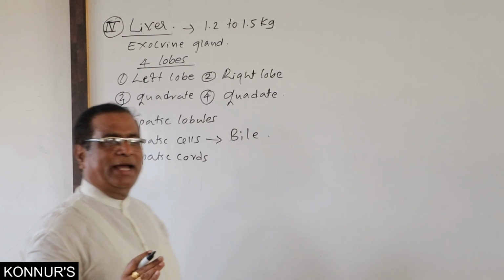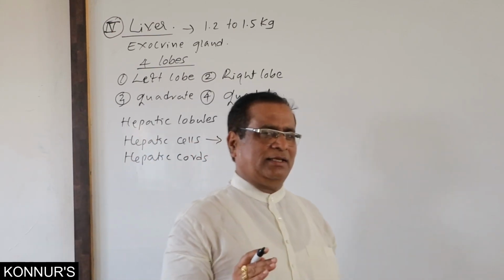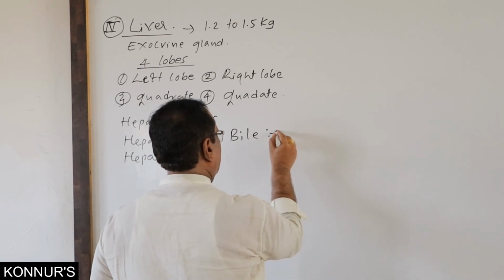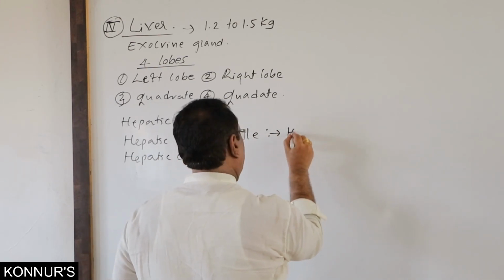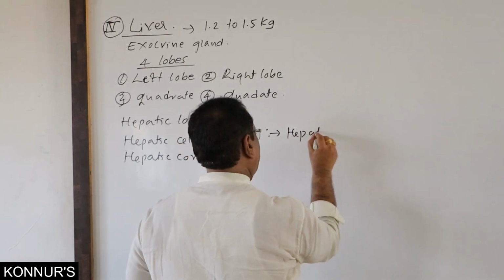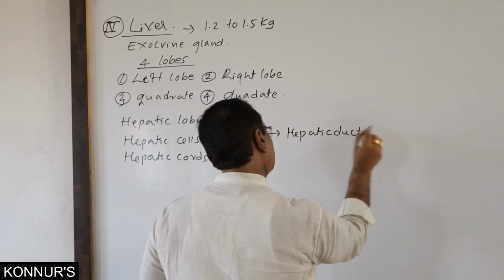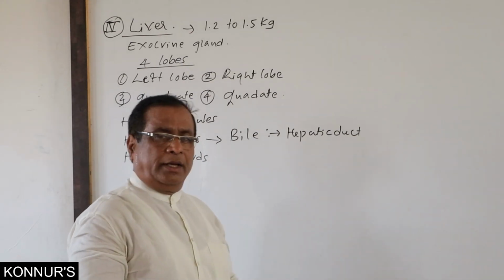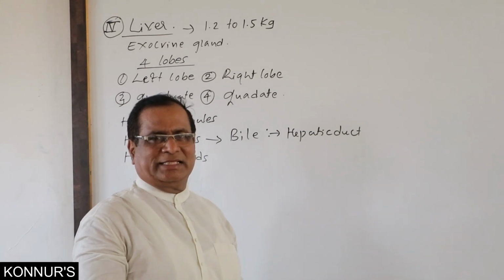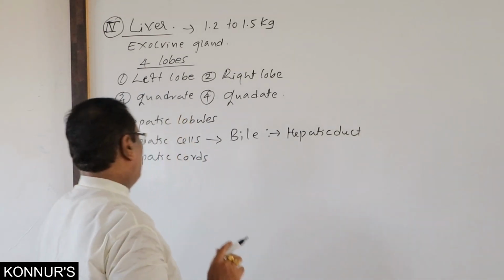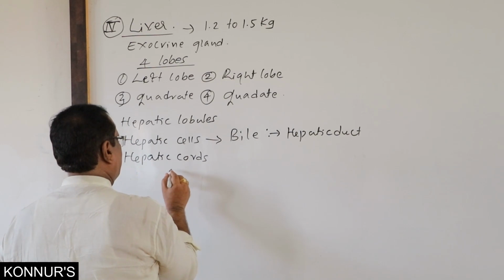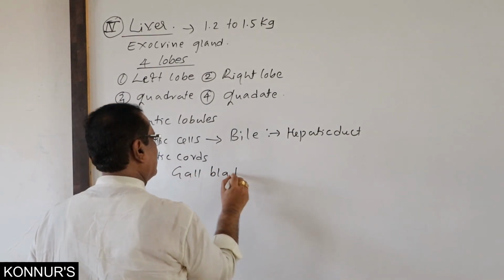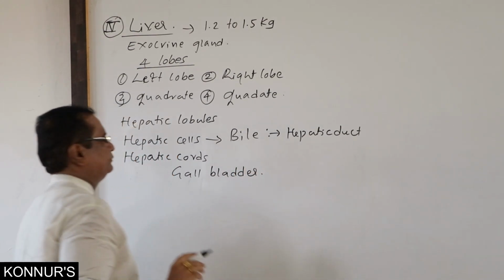Once the bile is produced by hepatic cells, it is conducted through the hepatic duct. If the bile is produced in excess, it is stored in a sac-like structure named gallbladder.